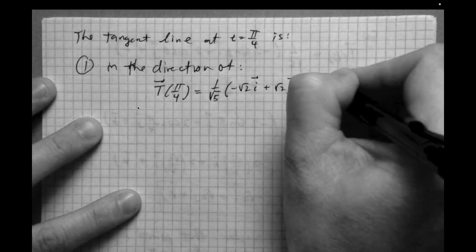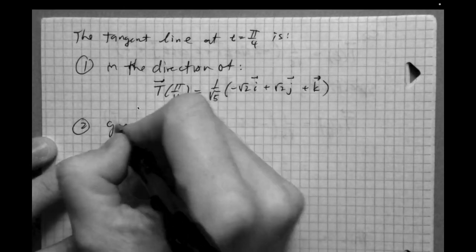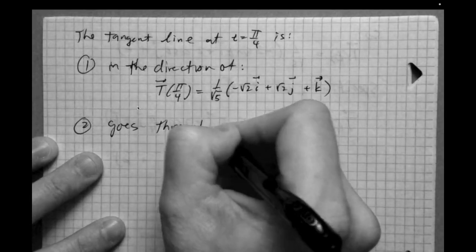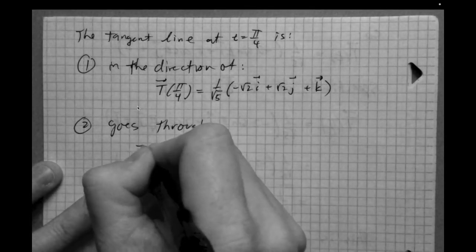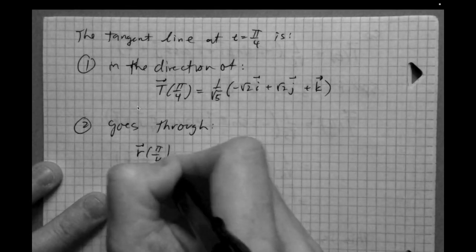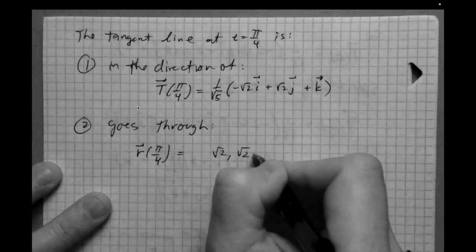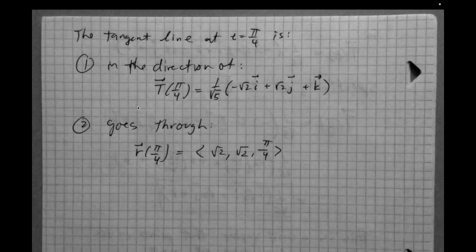Okay, it's in the direction of this vector, and two, goes through r of pi over 4, which we found to be square root of 2, square root of 2, comma, pi over 4. Okay, it's going to go through that point.